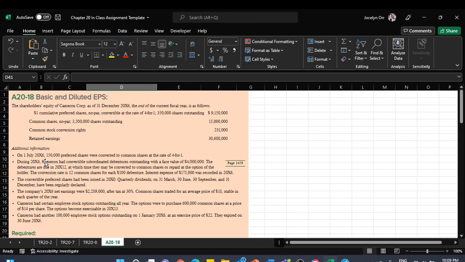Okay, so that means that for the first 2 quarters of the year, we had actually 500,000 outstanding preferred shares, right? 350,000 plus 150,000 is 500,000. After July 1st, we converted 150,000 of these shares, and that's when we were reduced down to 350,000.